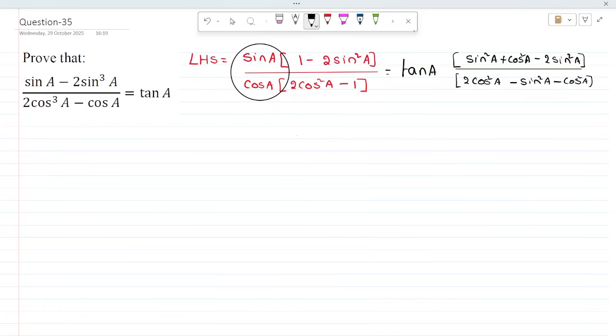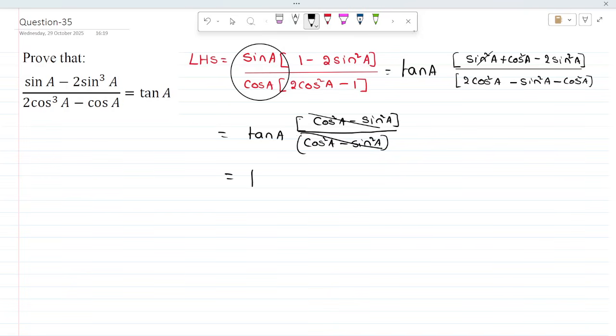Clear? In the next step, tan A, what is there? One of the sin will cancel with this, right? What are you left with? Cos square A minus sin square A. In the denominator, one of the cos will be cancelled. Cos square A minus sin square A. These two will get cancelled.